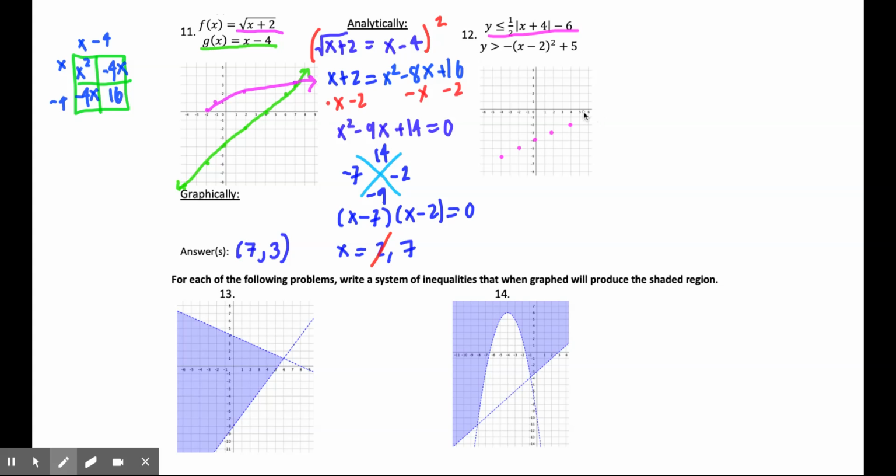I'll plot that, and then you just reflect it here. And then since it's less than or equal to, it's solid. And then you shade below.